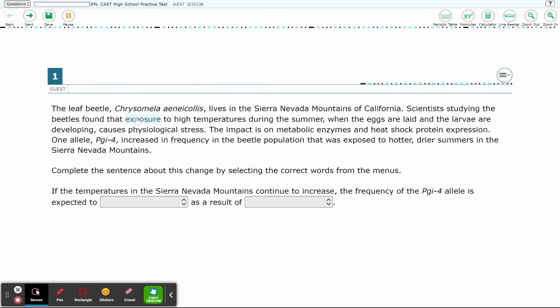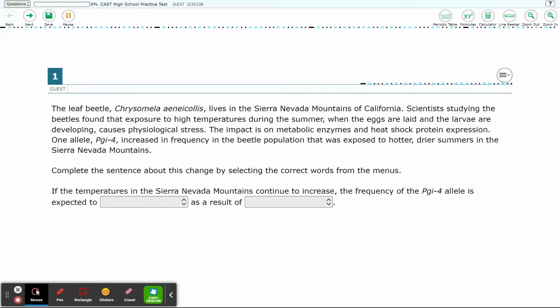The leaf beetle, Chrysomela aeneicollis, probably, lives in the Sierra Nevada mountains of California. Scientists studying the beetles found that exposure to high temperatures during the summer, when the eggs are laid and the larvae are developing, causes physiological stress.